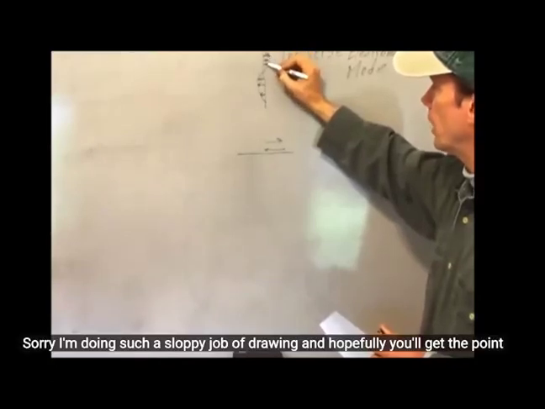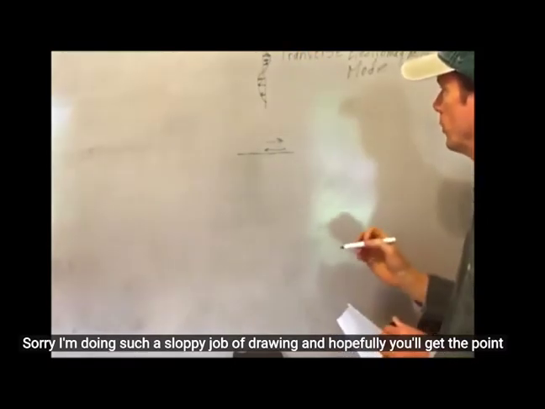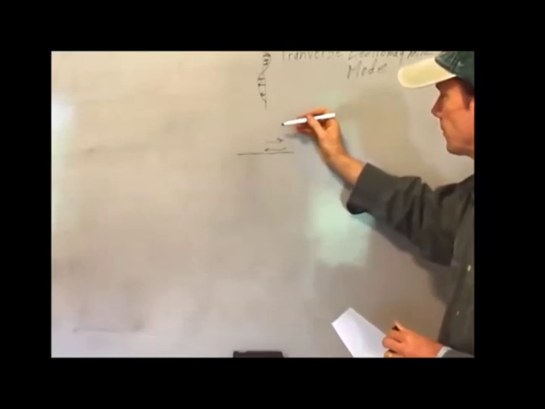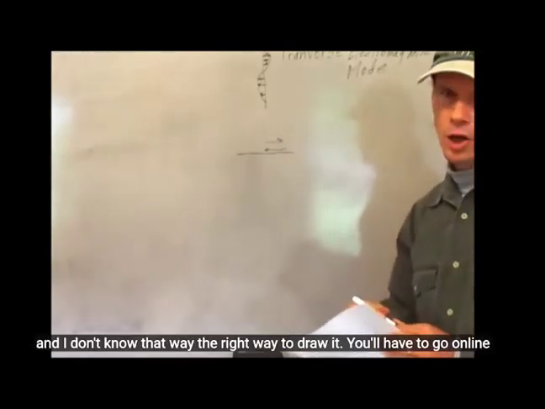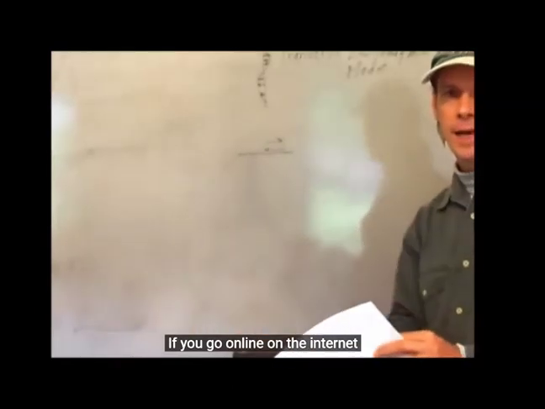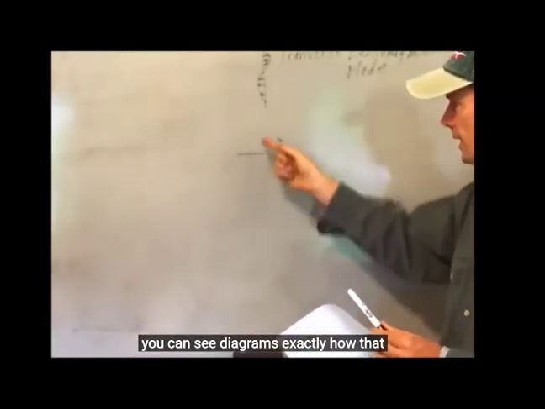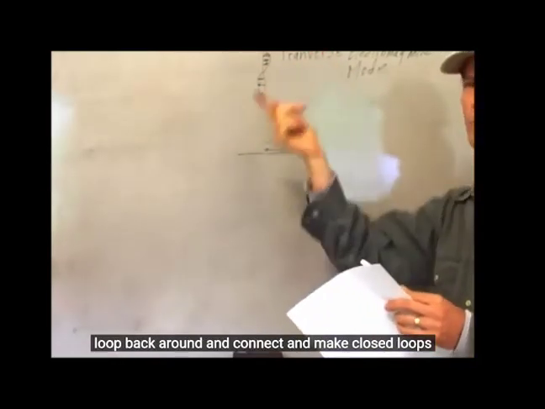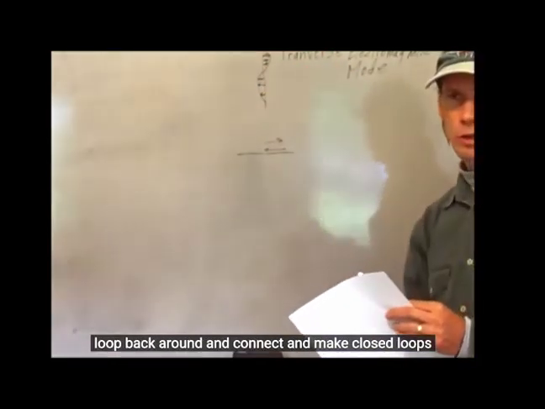Sorry, I'm doing such a sloppy job of drawing it, but hopefully you'll get the point. And the magnetic field would go this way and that way. I don't know the right way to draw it, but if you go online, you can see diagrams of exactly how that convoluted magnetic field does loop back around and connect and make closed loops.